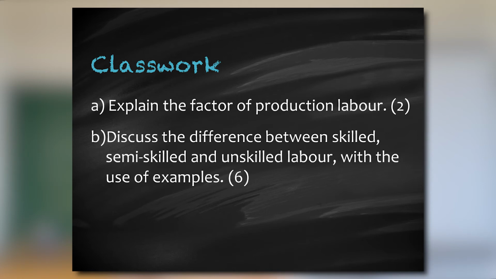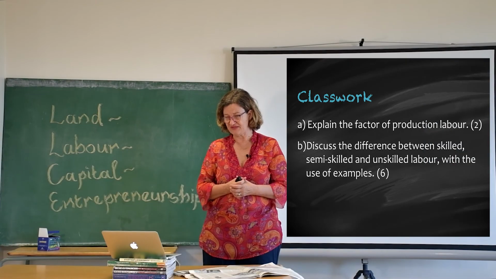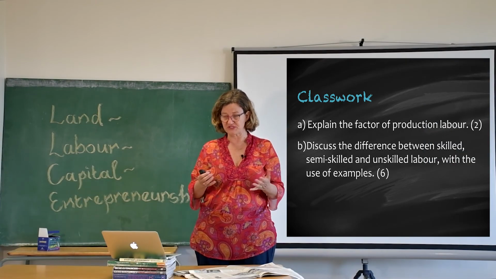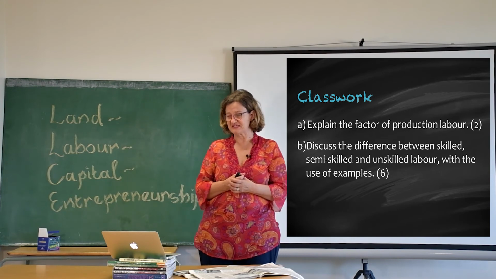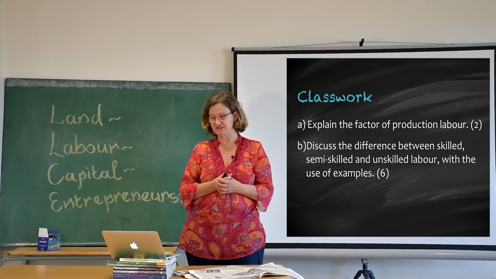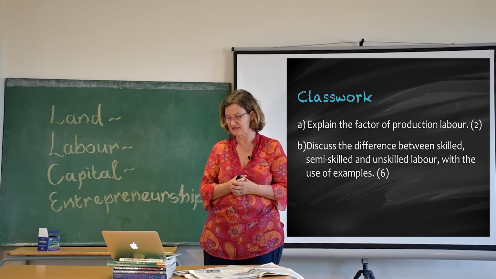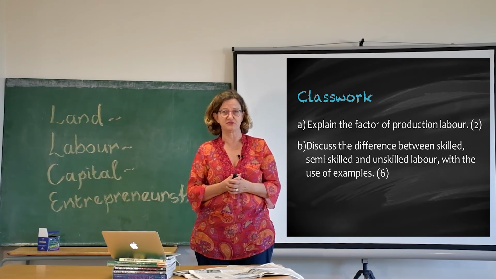In this factor of production, they use human effort to produce. So those people work on the lands on a farm. That is the human effort that was used to produce, for example, the carrots or the mealies. Okay, and then you can ask another question: discuss the difference between skilled, semi-skilled, and unskilled labor with examples.